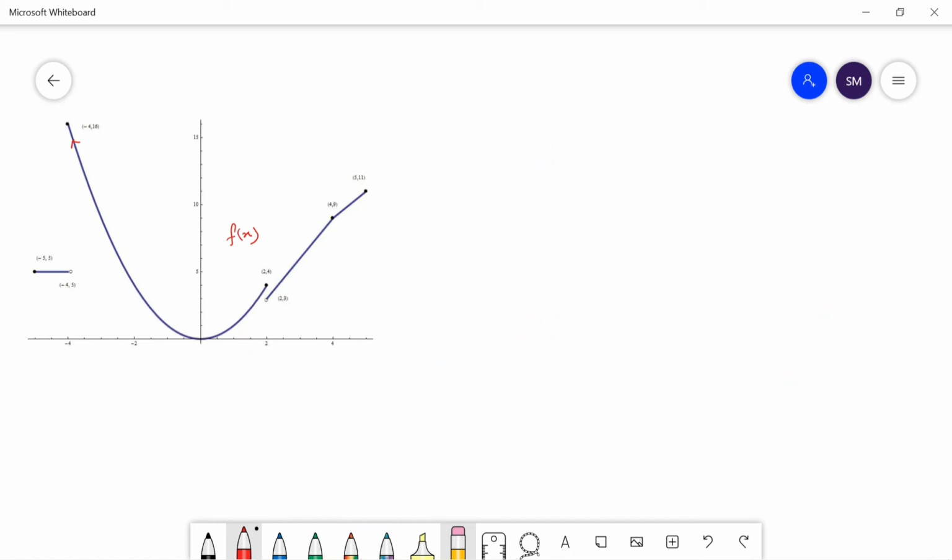Okay, our next case is at x equal to 4, this point. From the left hand side, we have limit x tends to 4 minus f of x, which is equal to 9, the graph is going to 9.